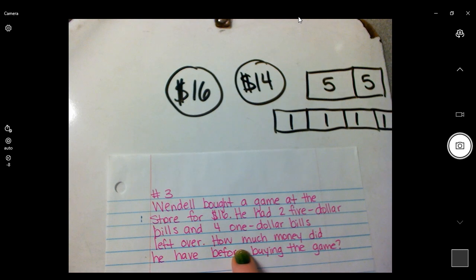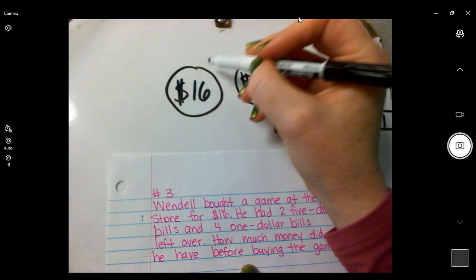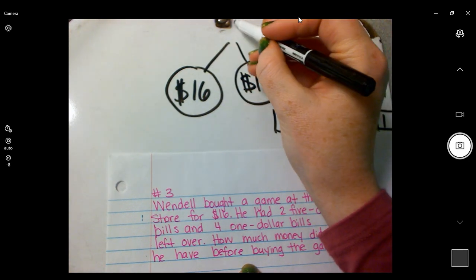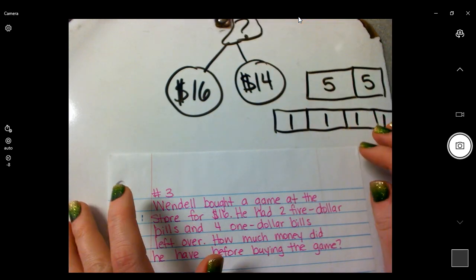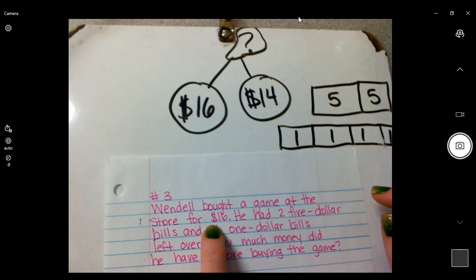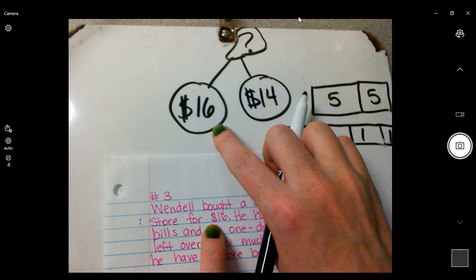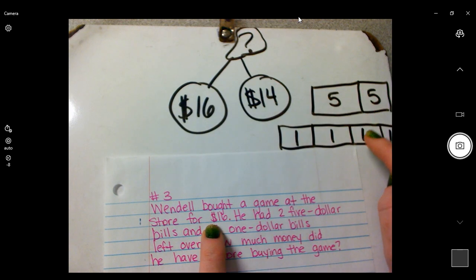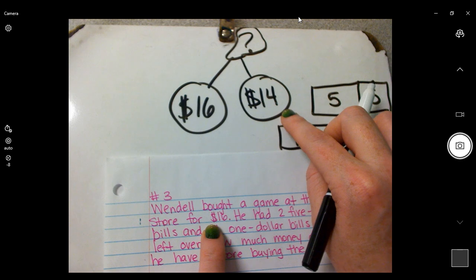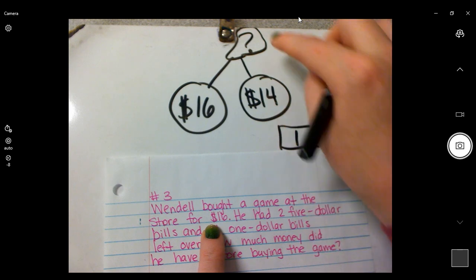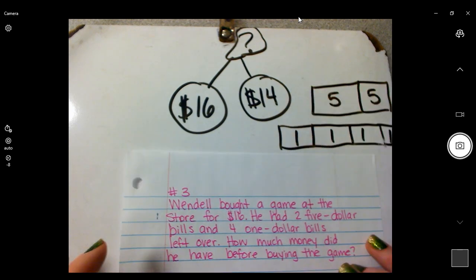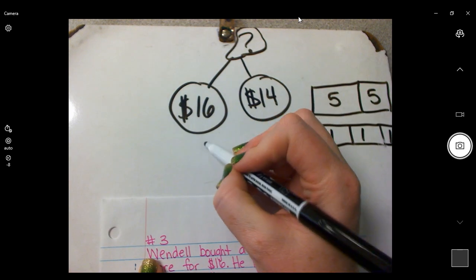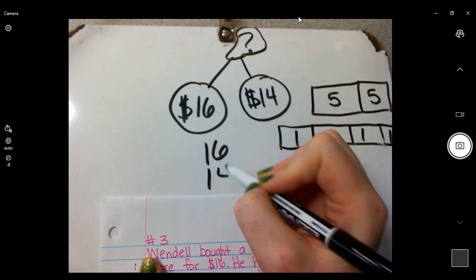So how much did he have before he bought the game? That's the part we are trying to figure out. We know that he bought a game for $16, and we know that he has $14 left over. To find out how much he had before he bought the game, we need to add 16 plus 14.